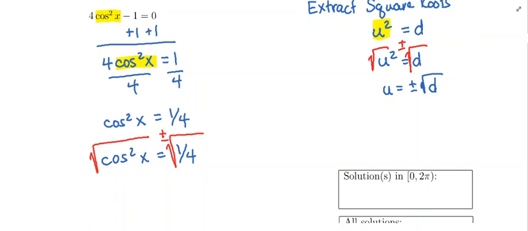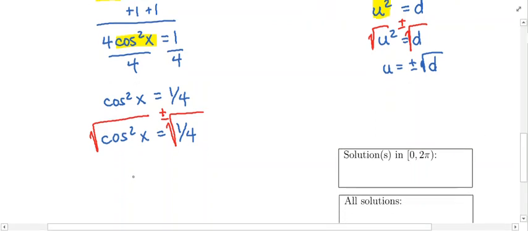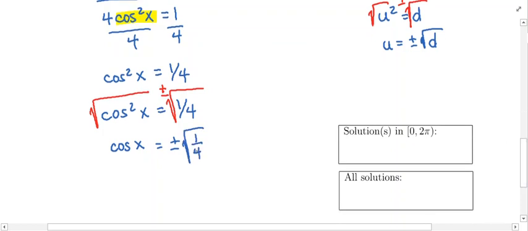Then on the left side, the square and the square root cancel, leaving you with just cosine x. Remember, what's under the square root? Cosine squared of x, that's cosine x times cosine x. On the right, this will be plus or minus the square root of 1/4. We can do some work with this quantity.